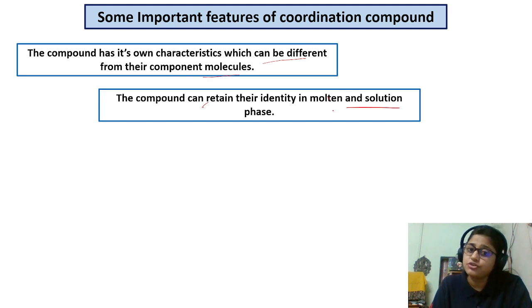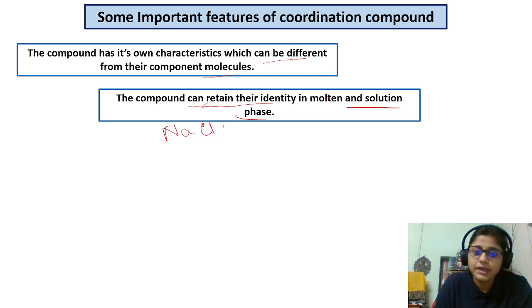In that phase, if you retain your nature, like in this party you remain shy and are not talking to other persons, then we can say that it can retain its identity. So let's take an example of ionic salt, NaCl.